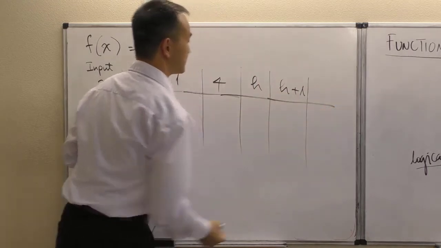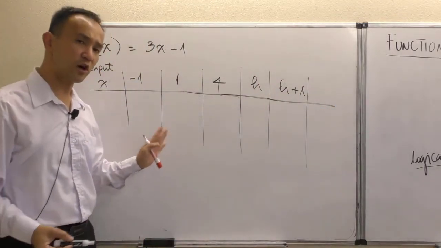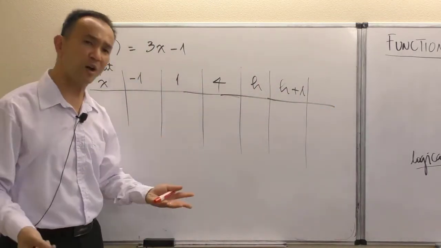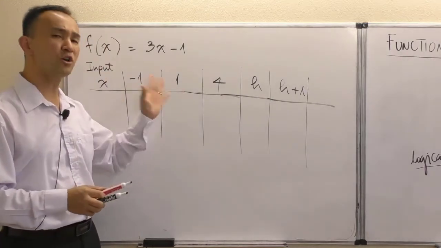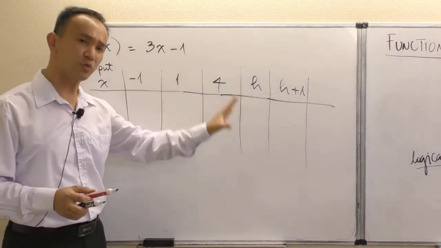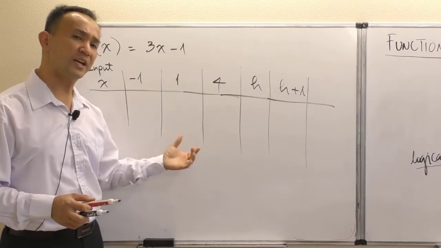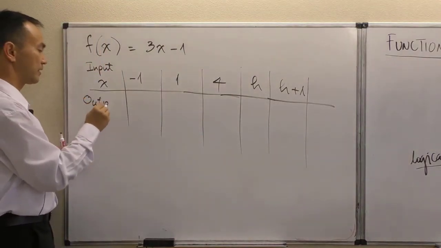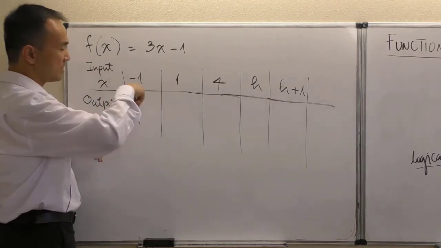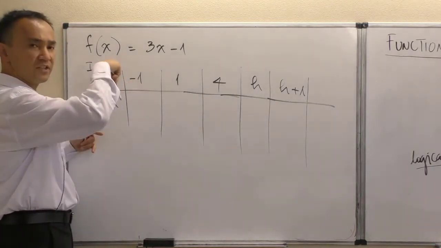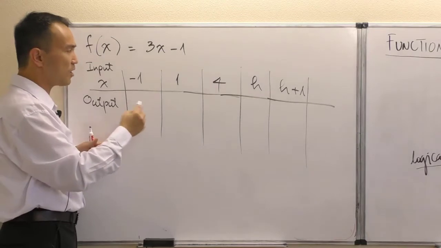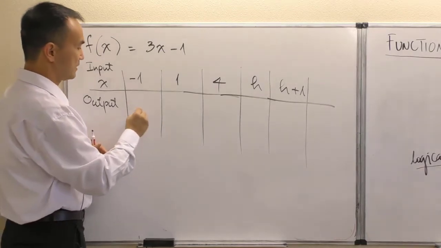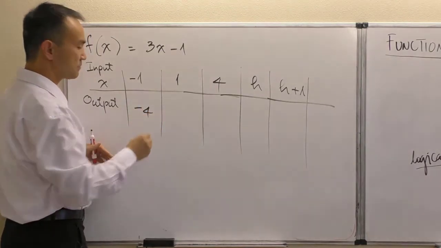The idea I'm about to show you is also a very convenient way, and I will formalize all this idea, but we can organize all of the results we have done into a table. So the outputs, now we can organize that into a table. When x was given to be -1, then we calculated our expression to be -4.